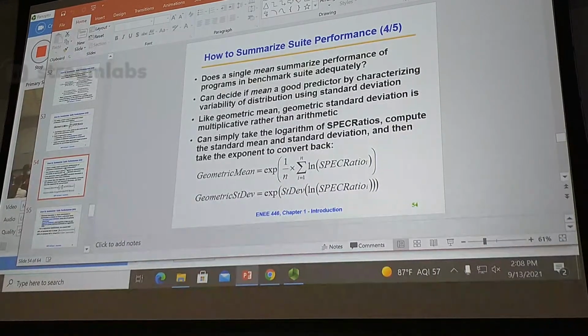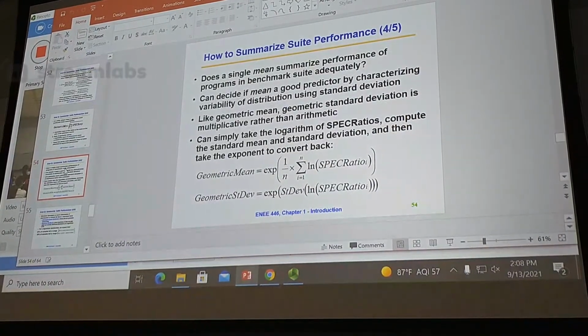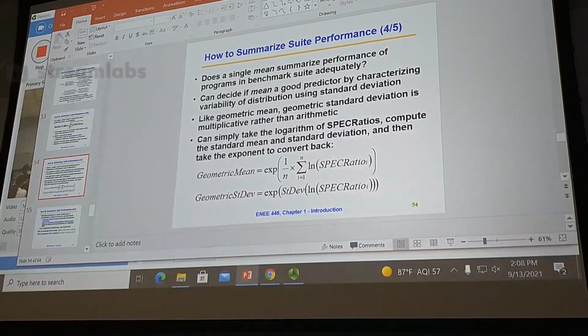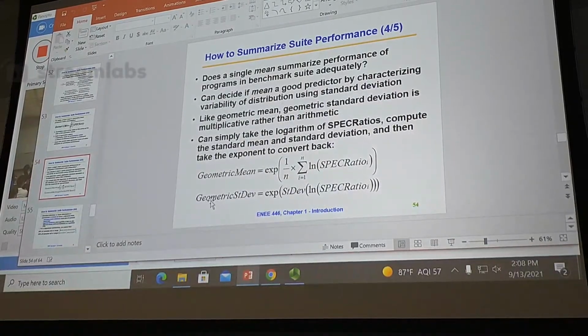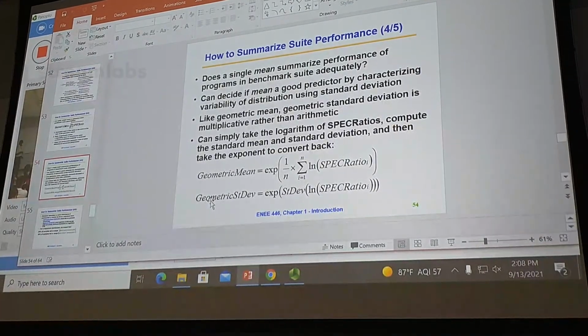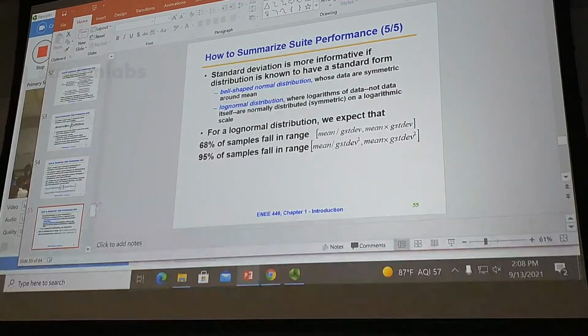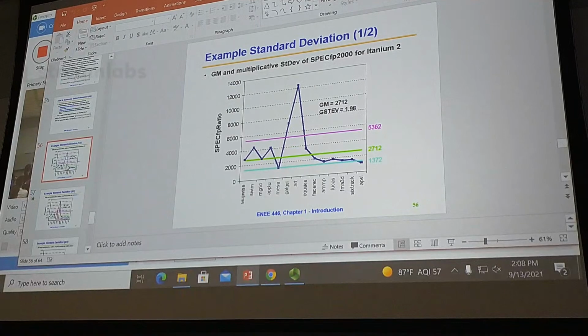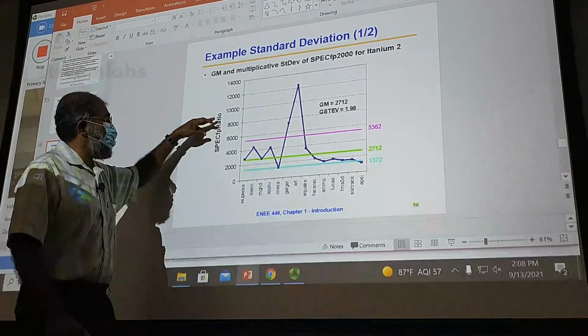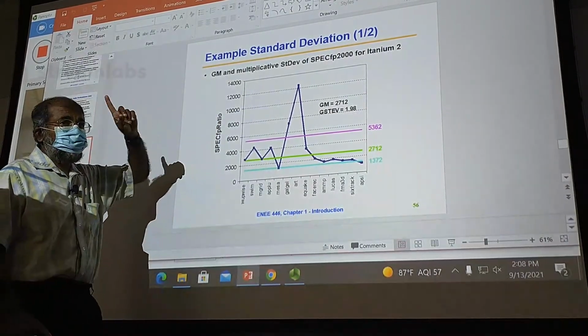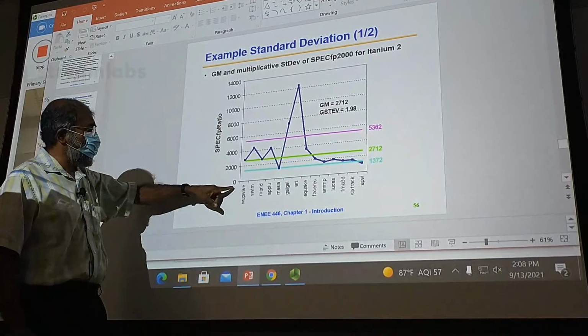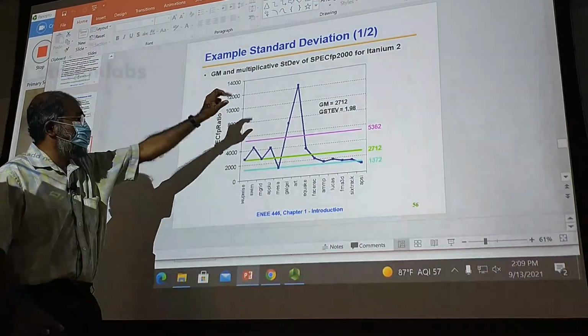Now, when you use geometric mean, the normal standard deviation does not make sense. You also have to use what's called the geometric standard deviation, sometimes called multiplicative standard deviation. There is this picture here. For instance, this is giving the performance, SPEC FP ratio, just for floating point benchmark programs from, I believe, 2000.